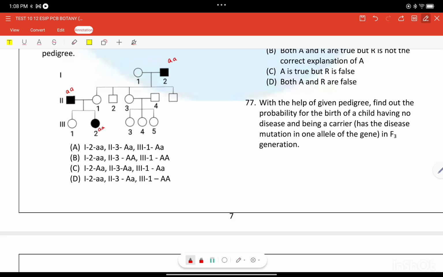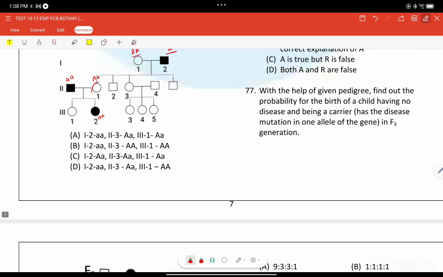If this is small a and all the progeny are disease free, so this should be capital A, capital A. This is small a and this could be capital A small a, or capital A small a is the only progeny possible and this is small a small a.